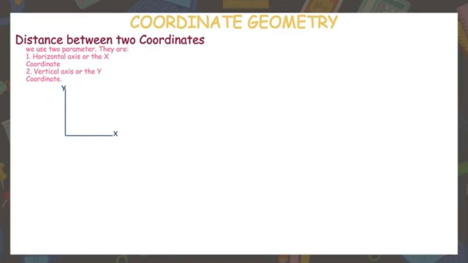Now, the two points, let's say the two points are these. That is point S to point T, for example. Then we have a thick line to get a slope.